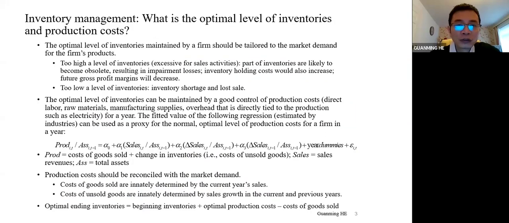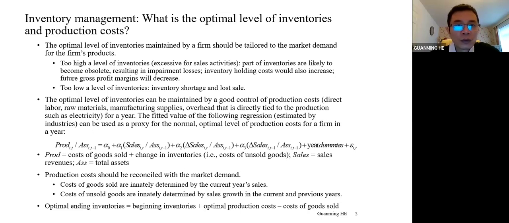Regarding the operational management, it's crucial for the companies to manage their costs in an efficient manner. There are two basic types of costs. First is production cost, and the other one is period cost. Let's first take a look at the production cost.